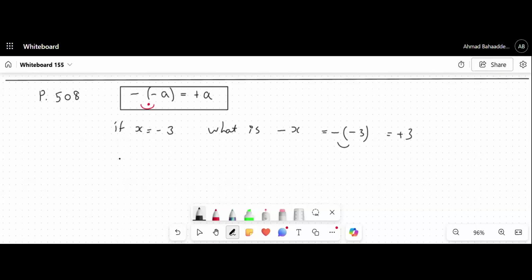But the other one says that if your x is minus 3, what is minus of minus x? That's a little bit funnier, because this already is a smiley face, which is positive, but the book wrote it this way: minus, another minus, and then x itself is minus 3.